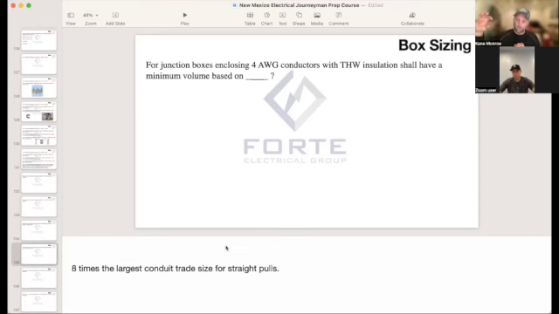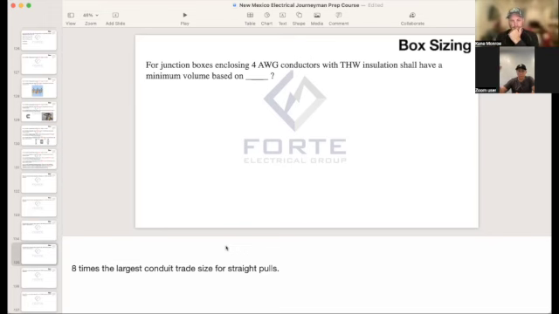So 2 inches times 8 is 16. The minimum size of that side of that box would be 16 inches. Now, they usually don't sell a 16-inch box, so you'd have to round it up to a 24. And with the other side, it'd be a 16 and a 16.